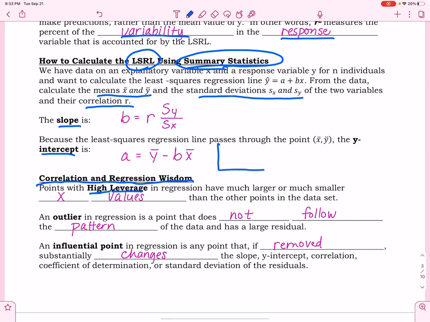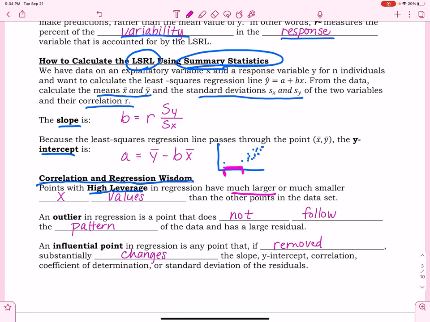Let's say I've got a scatter plot, and most of my ordered pairs are really tightly clumped together. Well, let's say I've got a point over here. Because that point has a long distance horizontally away from most of the rest of the points, that's considered high leverage because see, it's got a much smaller x than most of the points, because smaller would be here, larger would be here.